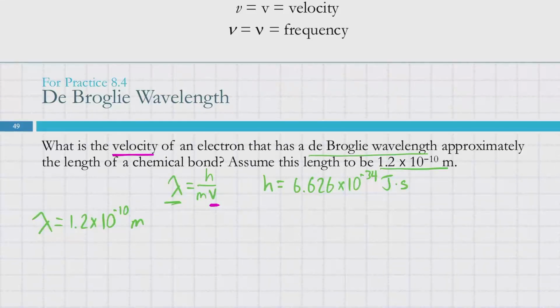I don't know what it is off the top of my head, so we're looking it up. Electron mass. We probably don't need all of these decimal places. And this is in kilograms.